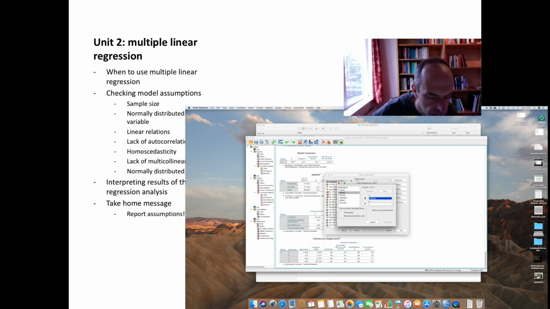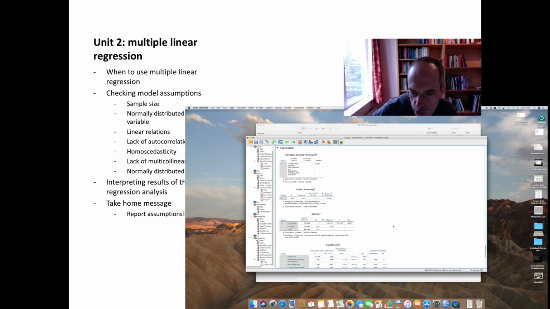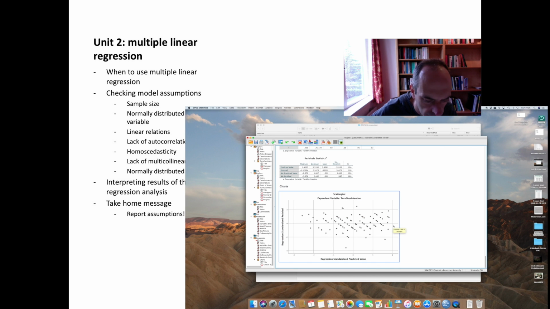And in Plots, we check and choose Z residual and Z predicted. And then a plot is produced. And generally, if the values are dispersed with a relatively random pattern, which is the case here, we assume there are linear relations. So that's good.